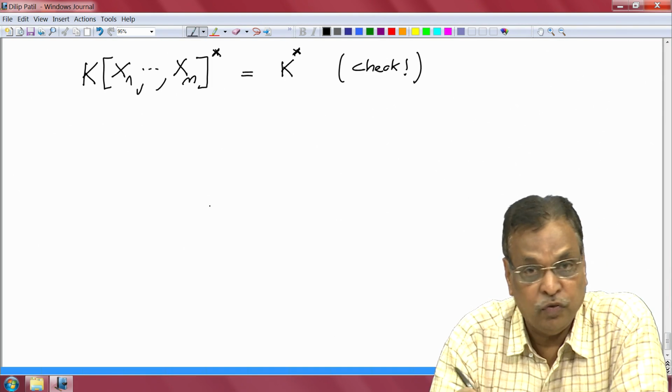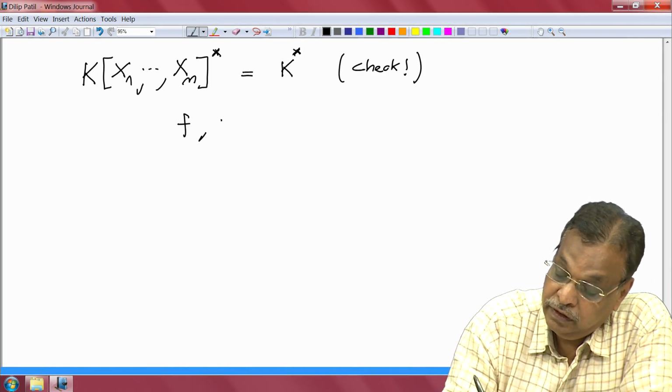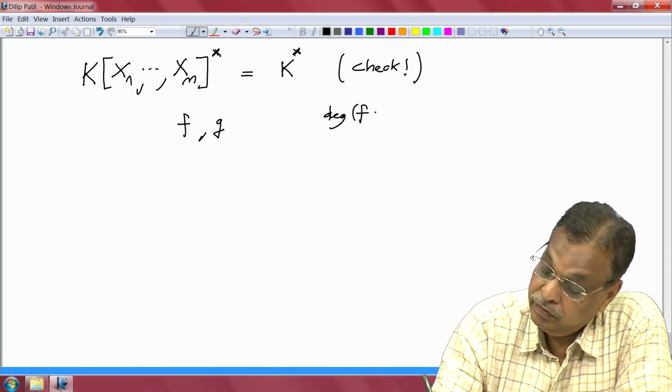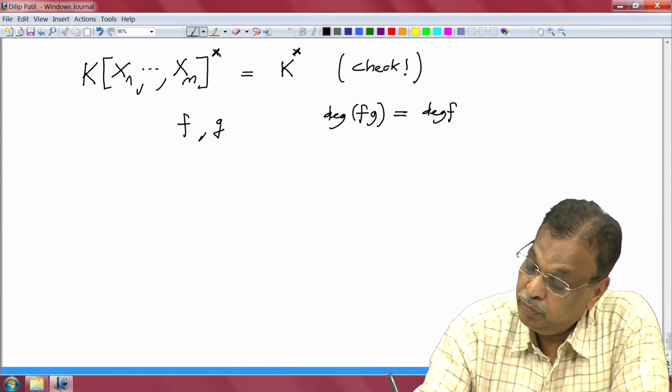This will follow from the fact that if I have two non-zero polynomials f and g, then the degree of f times g equals degree f plus degree g.